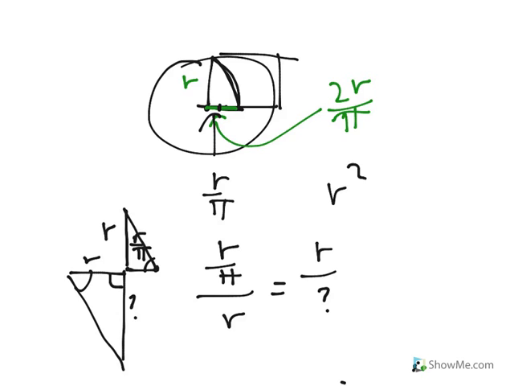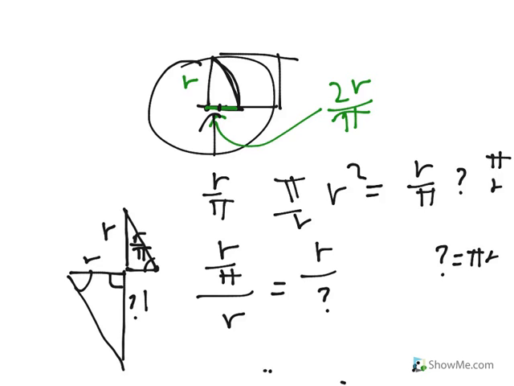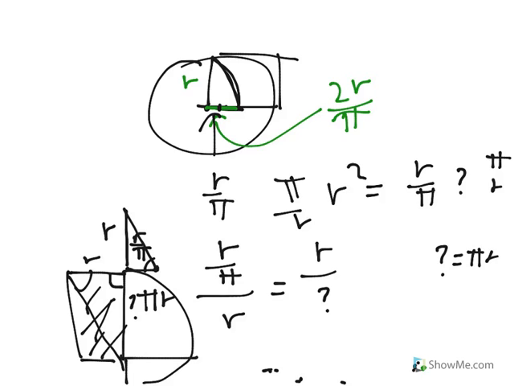When you cross multiply, you get r squared equals r over pi times question mark. Multiply both sides by pi over r, and you get question mark equals pi r. But this is r, so this entire rectangle would be pi r squared. And then, if I really want to, I could square that and use this side here. I can make a square there, and we would have squared the circle.